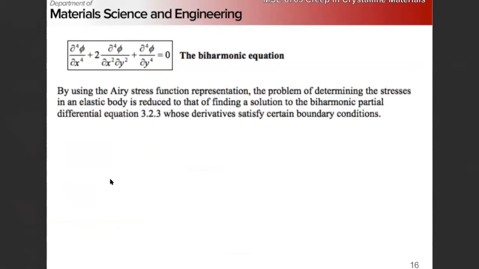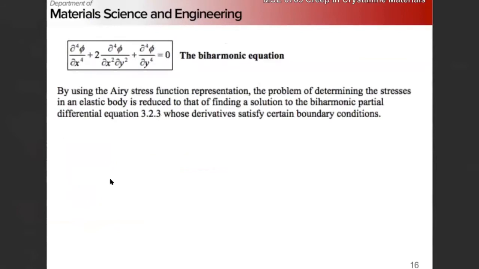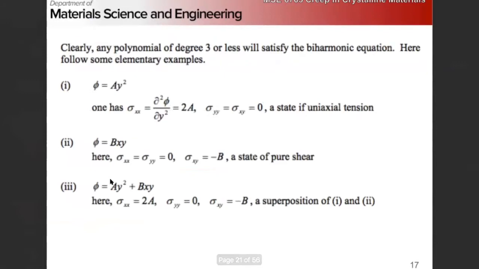The key thing to notice is that it works out nicely because any polynomial of degree 3 or less will satisfy the biharmonic equation. So we find a polynomial, we plug it in, we guarantee that we're going to satisfy stress equilibrium.